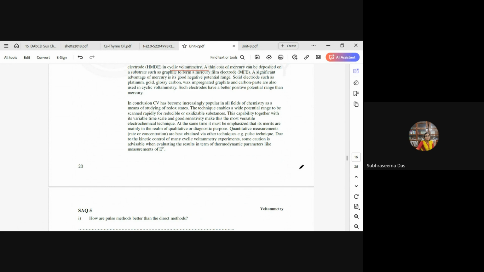At the same time, it must be emphasized that its merits are mostly in the realm of qualitative or diagnostic purposes. Quantitative measurements are best obtained by the pulsed technique. Due to the kinetic control of many CV measurements, caution is always advisable while evaluating the thermodynamic parameters mostly.